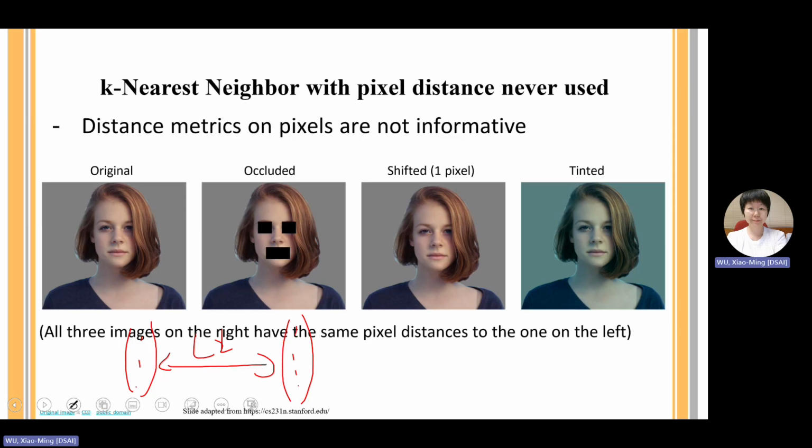And surprisingly, each of these images has the same Euclidean distance to the original image.